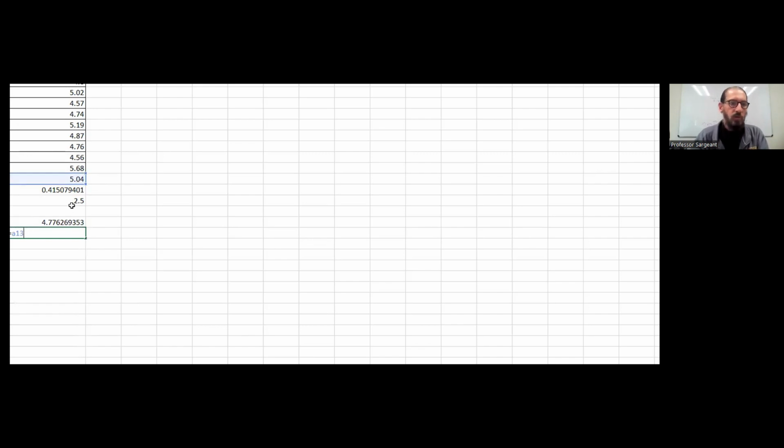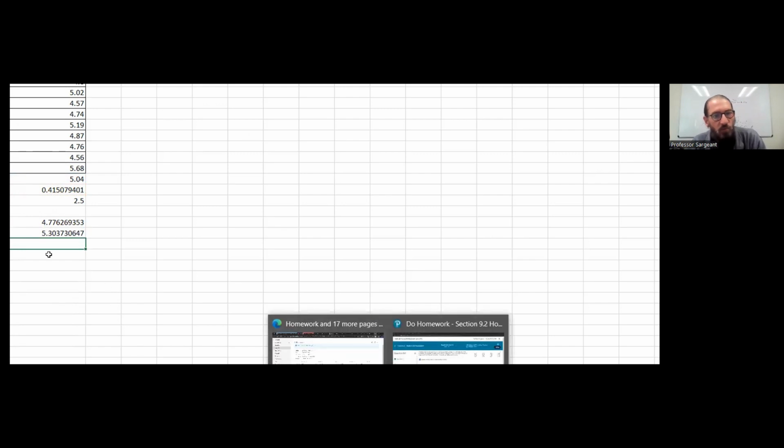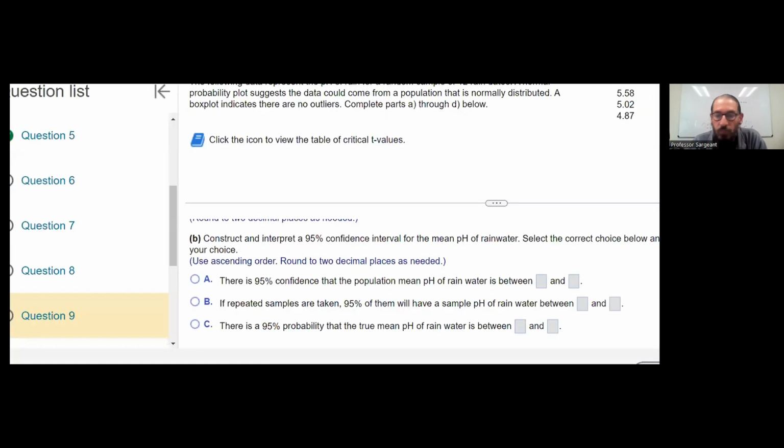So we have 2.201 times our standard deviation divided by the square root of our sample size. And I'm not doing any rounding here. If they want rounding, I'm going to do that to those answers that are going out as far as I can see.